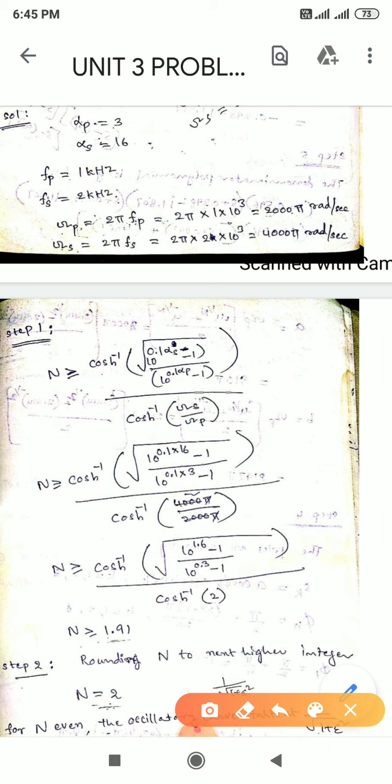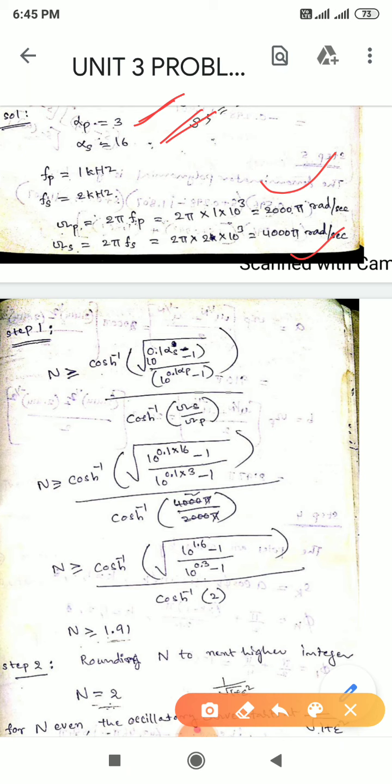How to calculate the order of the filter by using the specifications? Pass band and stop band attenuation are given, and pass band and stop band frequencies we are calculating. We know alpha p, alpha s, omega p and omega s.